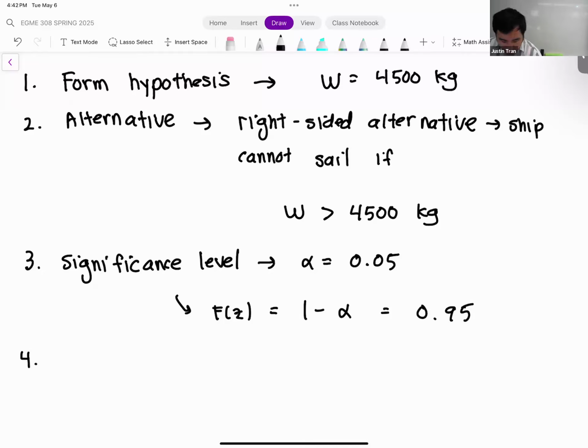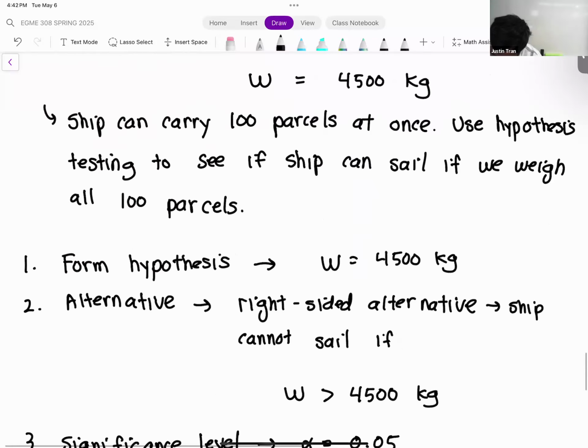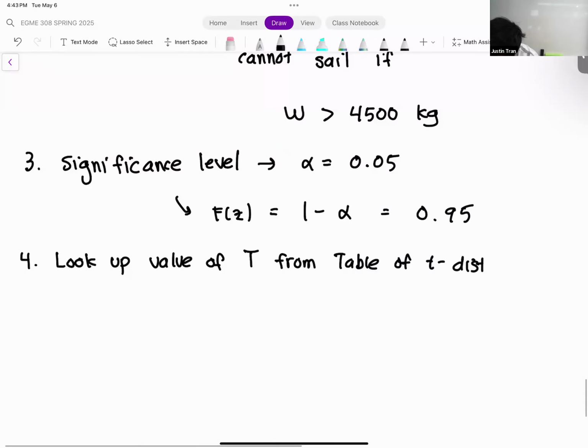Okay, step 4. So for step 4, we're going to look up our t distribution for our information here. Let me see if I can pull it up on my phone really quickly.